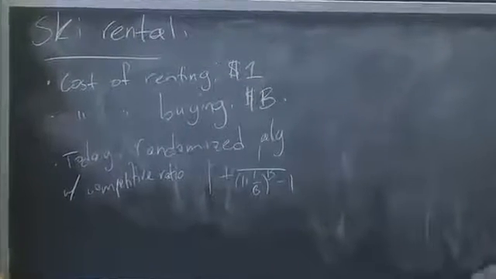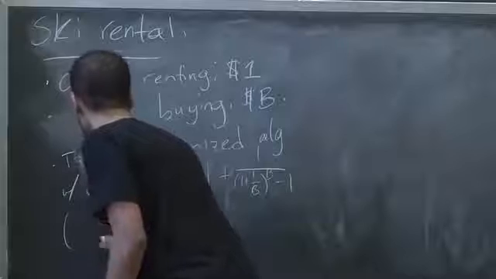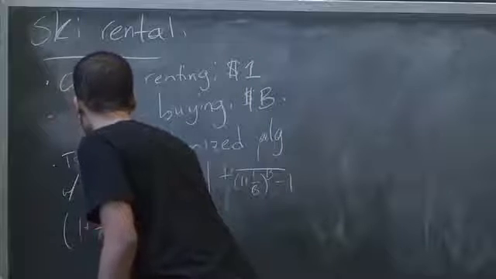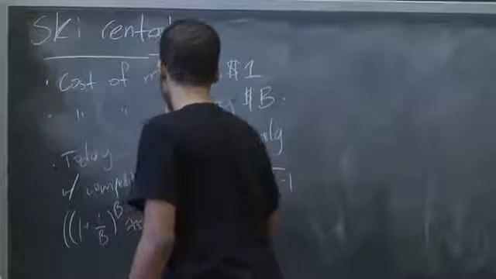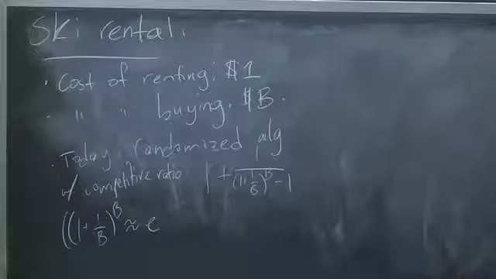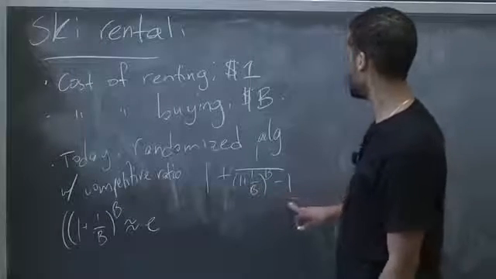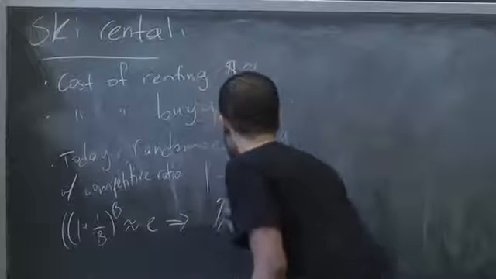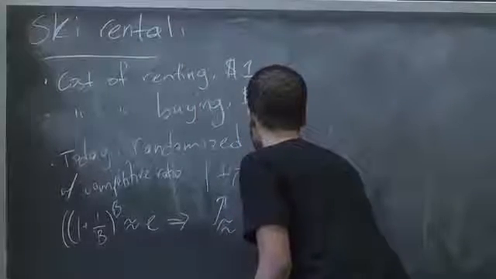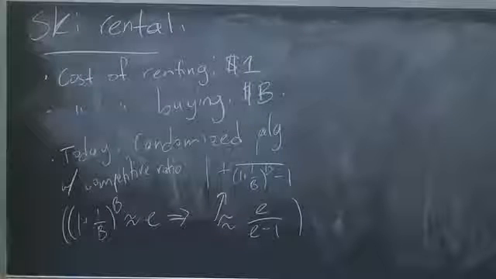And as b gets large, notice that when b is large, (1 plus 1 over b) to the b is roughly e. Okay. So this is roughly 1 plus 1 over e minus 1, which implies that this thing is roughly e over e minus 1 as b gets large.